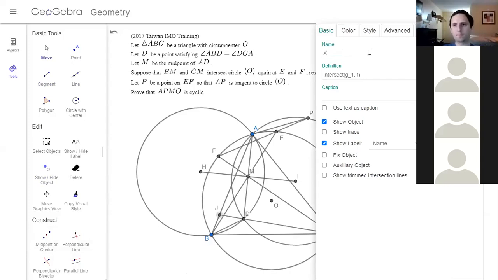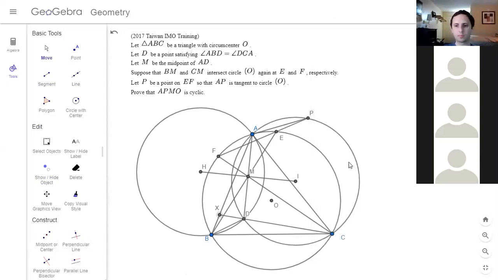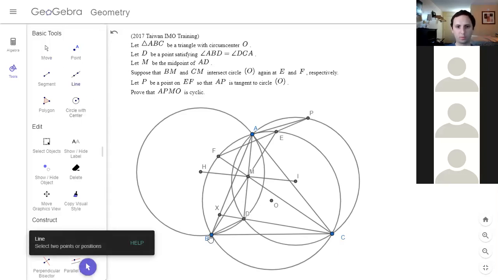Now let Y be the intersection of BD and AC. Okay.